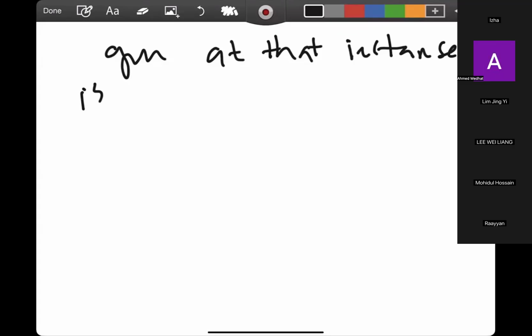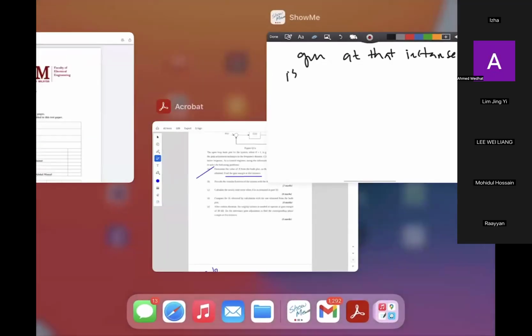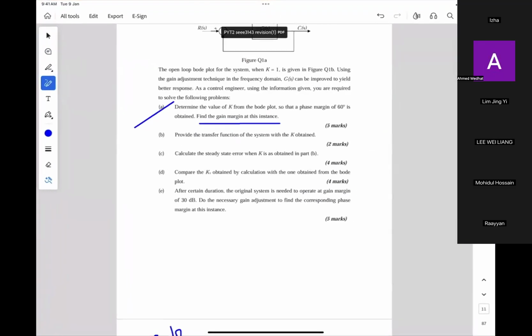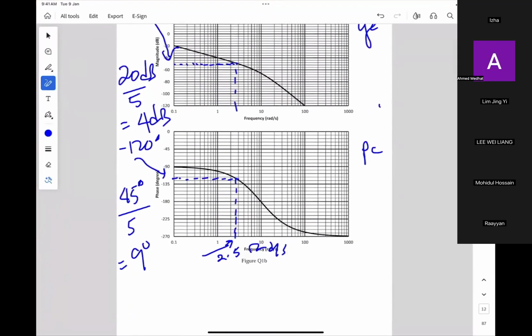So we have to find the gain crossover, sorry, the phase crossover frequency. So the phase crossover frequency, I delete this one first, okay?